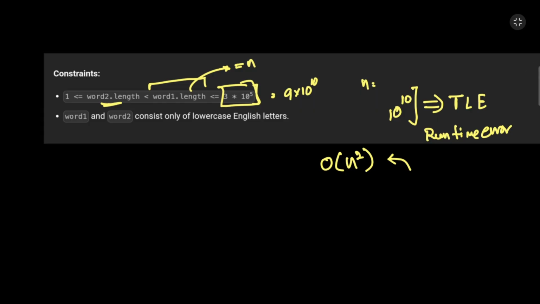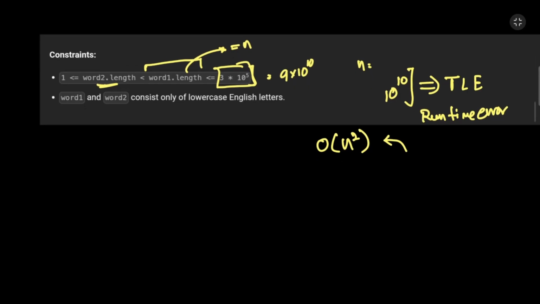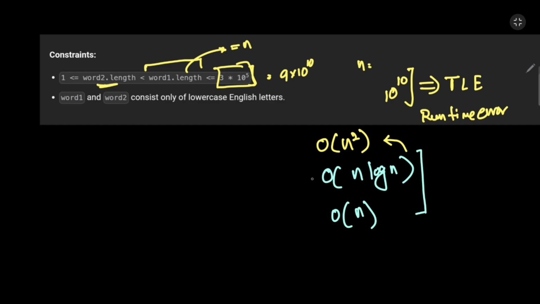Now from logic we can say that maybe we need to have a big O of n log n solution or big O of n solution. We'll write the algorithms to get the time complexities as this one.